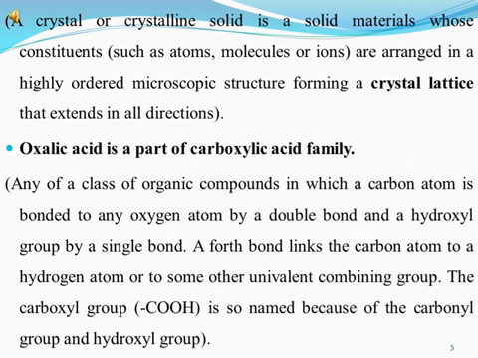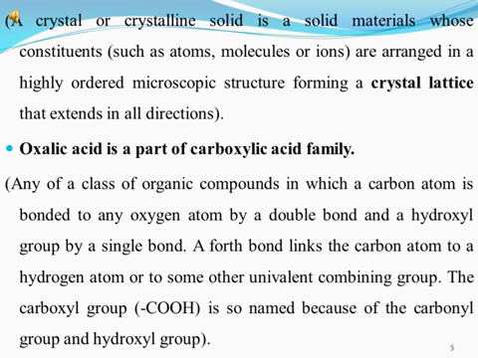Oxalic acid is a part of the carboxylic acid family. Carboxylic acids are any of a class of organic compounds in which a carbon atom is bonded to an oxygen atom by a double bond and a hydroxyl group by a single bond.